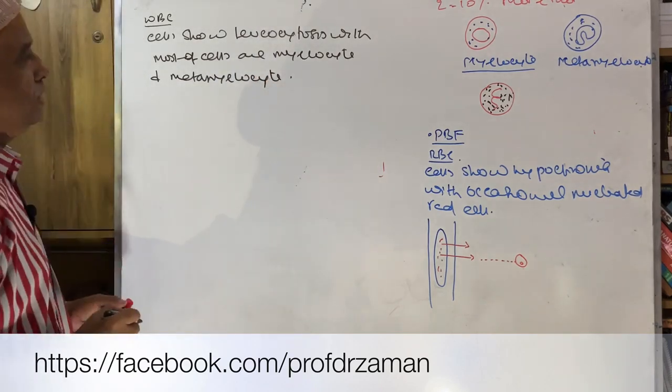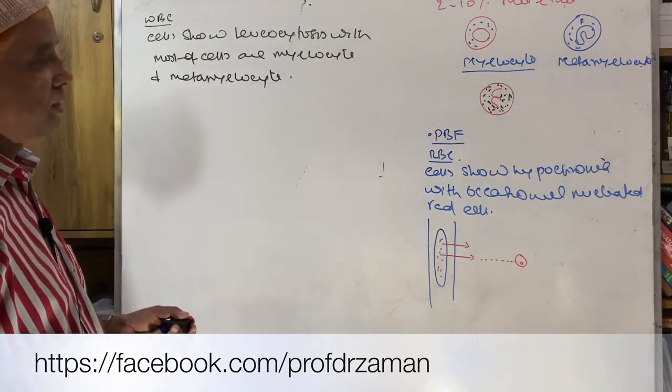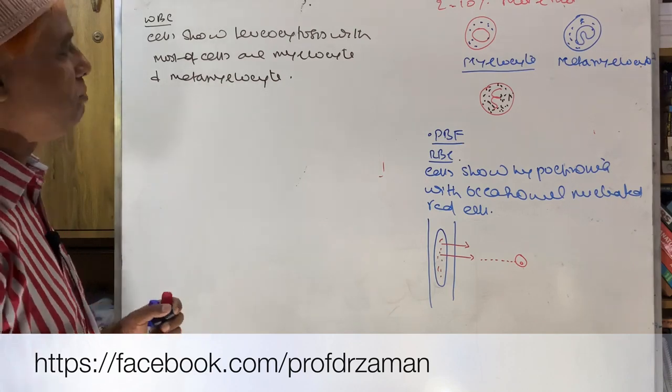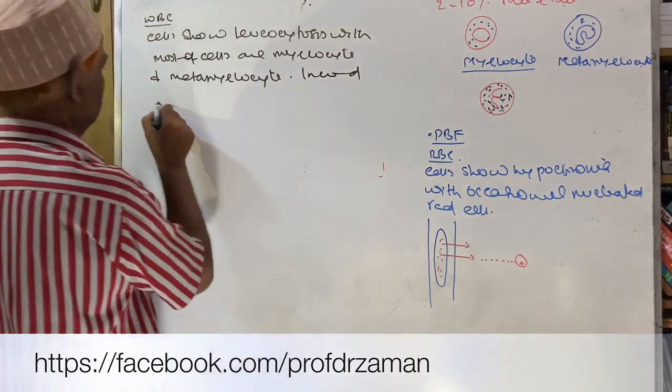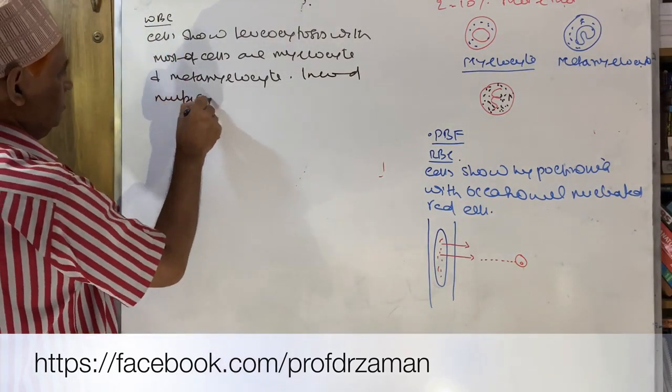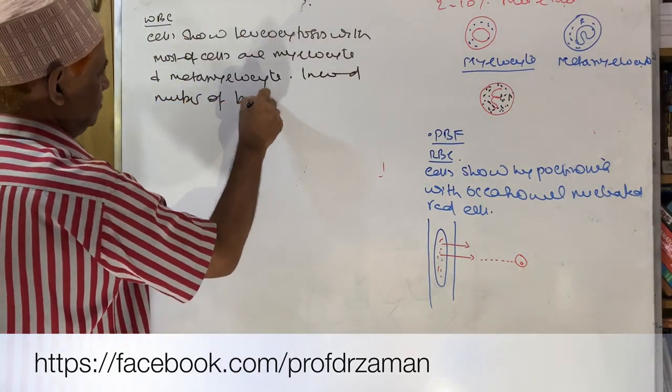Along with the increased number of myelocytes and metamyelocytes, there is an increased number of basophils.